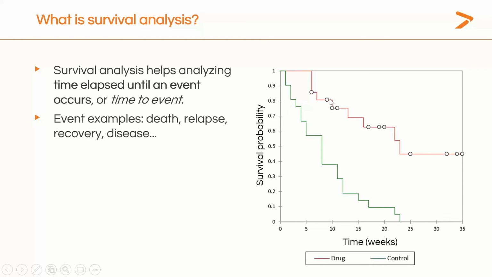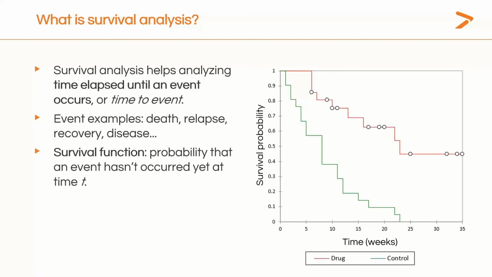So 80% chance of surviving until week number 10. You can compare the curves here, and you can see, for instance, that people who took the drug have a better survival across time as compared to controls.